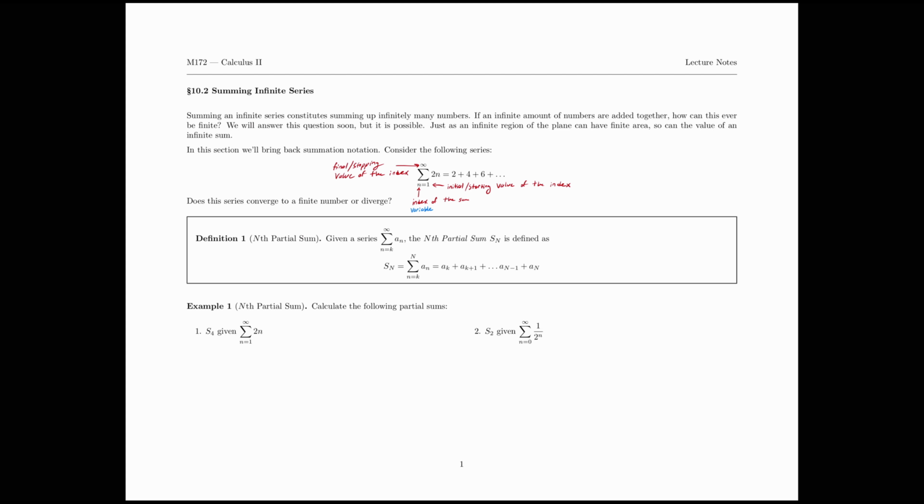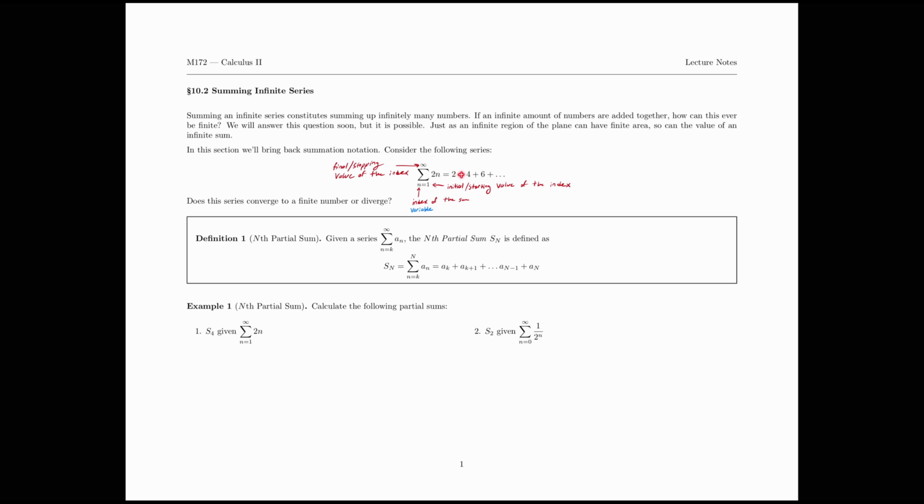So what will happen here is each one of these terms of the sum, the first term, the second term, the third term, we are going to plug in each value of the index, starting with 1, going all the way to infinity. We're going to plug in each number into this expression and evaluate it. So when we plug in 1, we get 2 times 1, and that's why there's a 2 here.